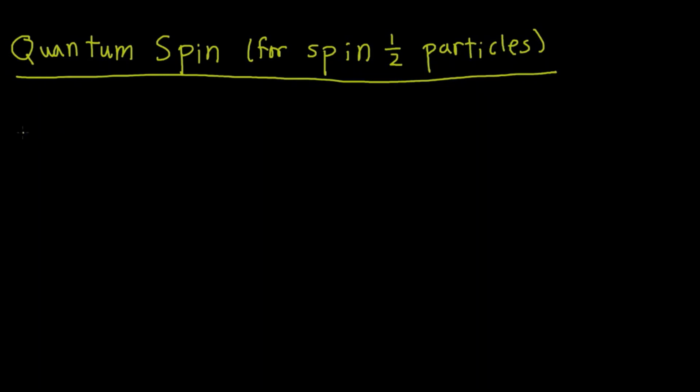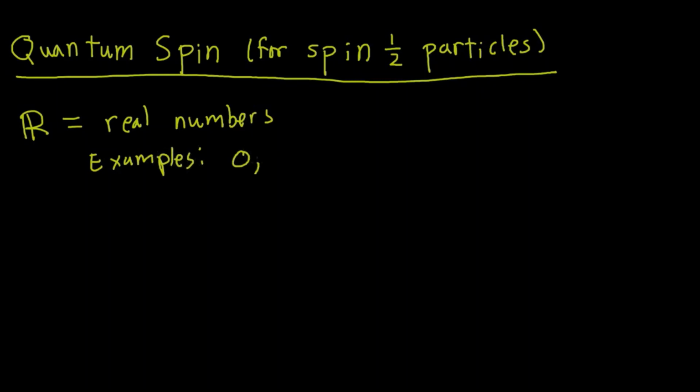So, just to remind you, we denote the real numbers with this special R symbol. Examples of real numbers are 0, 1, -4.35, 16 over 31, 4 minus 3 times pi.